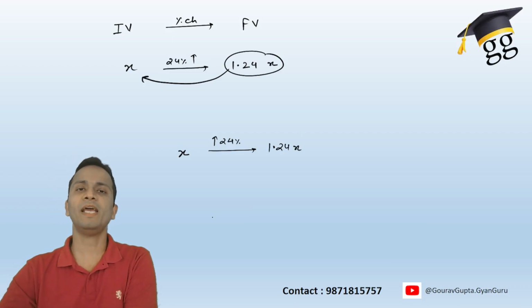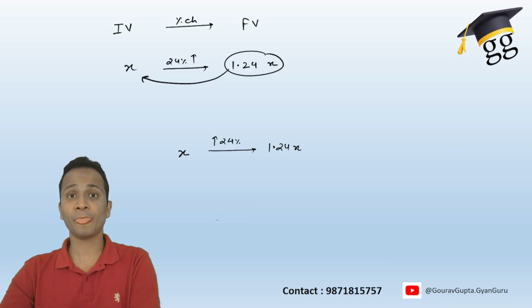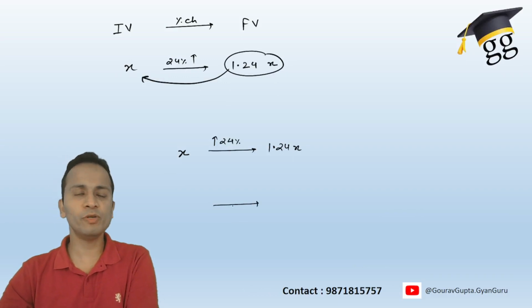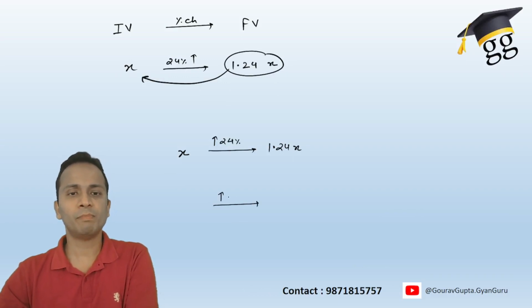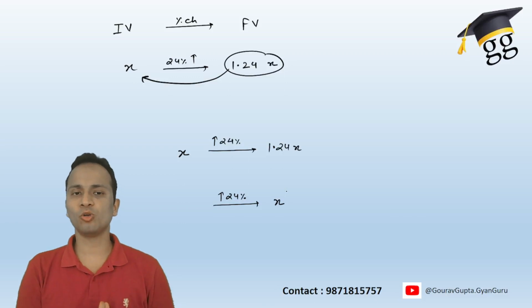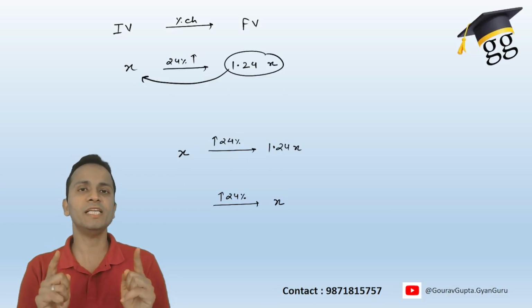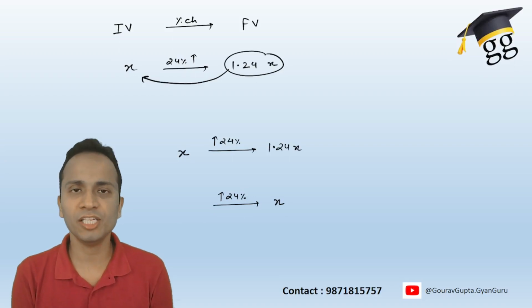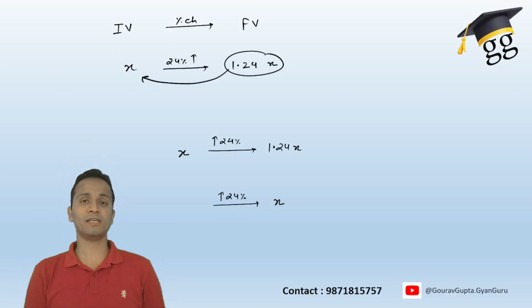1.24 multiplied by x. Right? On the other hand, if the question is that the initial value is not known, but after an increase of 24%, the final value is x, okay? The initial value is not known, but after a 24% increase the final value is x, and we will have to calculate the initial value. So what will we do now?